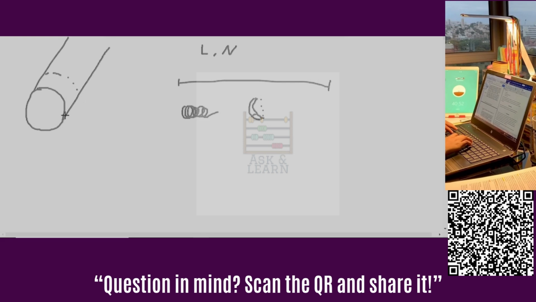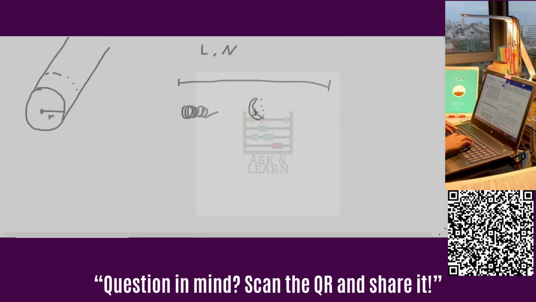This is our wire, and it has a radius. We have a radius, and we have the diameter, which goes all the way across.